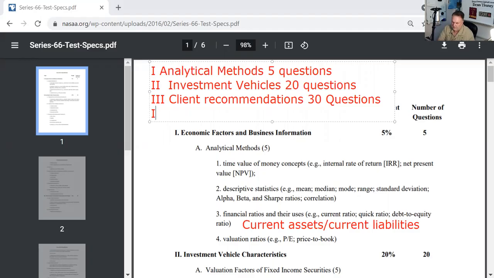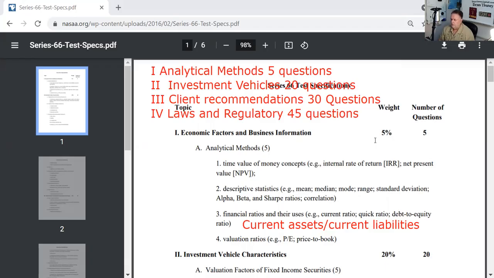And then the last thing you get tested on is the laws and regulatory framework. That's all that stuff about the Uniform Securities Act. I don't know if I should put out negative vibes, but a lot of times people either don't struggle on 1, 2, and 3 and they struggle on that last part, or vice versa.